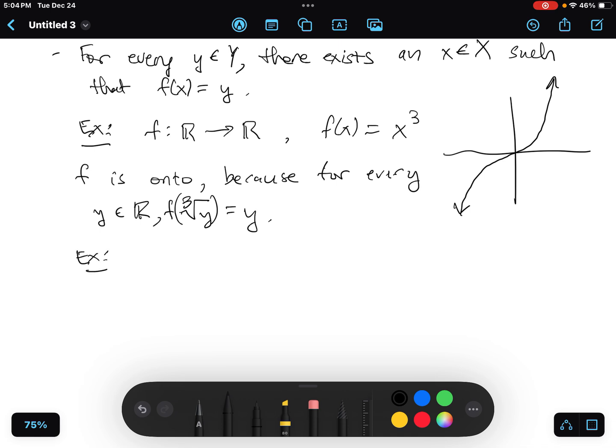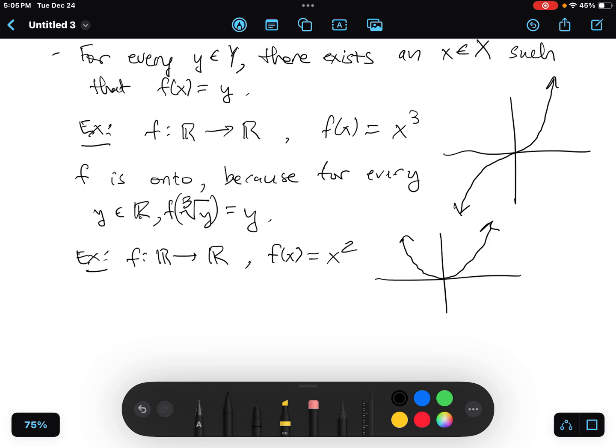Let's give an example of a function that's not onto. So let's say that you have a function from the reals to the reals, which is given by f of x equals x squared. Okay, well the graph is this, right? It's this parabola. This is not onto because what's a value that is not obtained as the square of a real number?